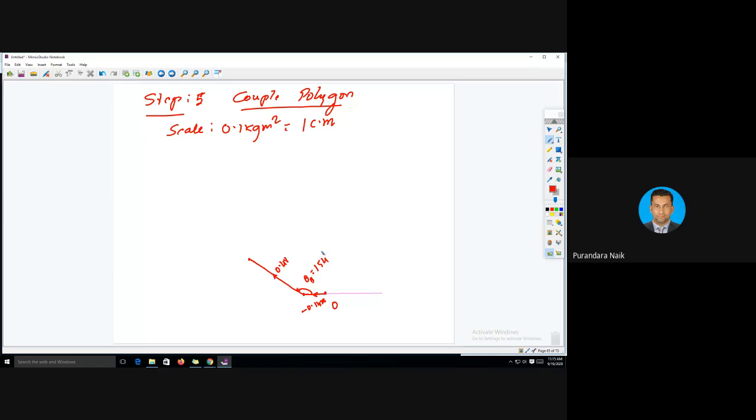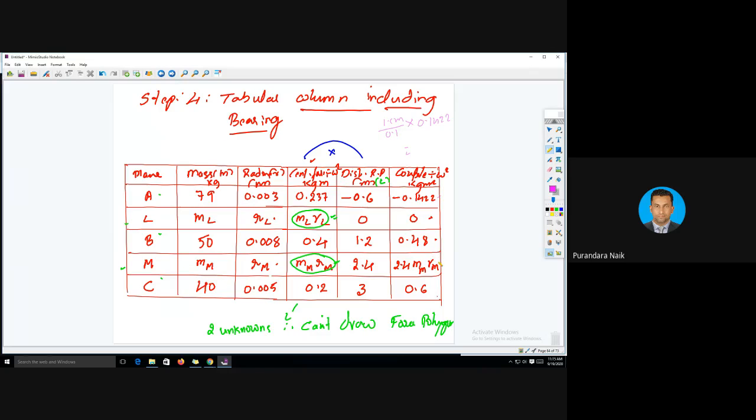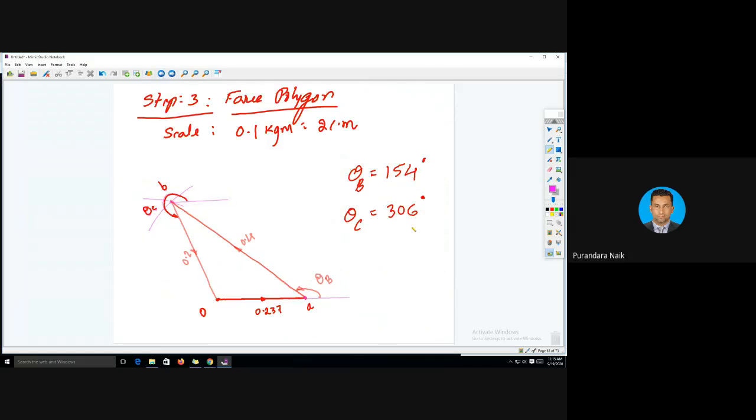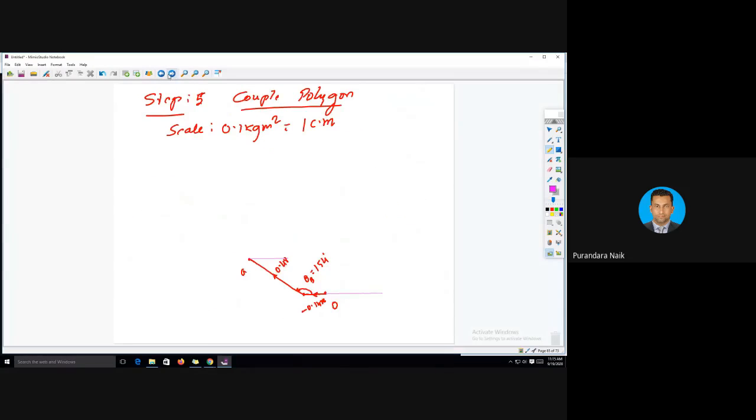Next, once you get the point A, we need to take the reference line, the 0 degree line. Next is unknown, you just forget it. Go to the next step. That is 0.6 into 0.1 divided by 2 centimeter, which gives you 6 centimeter. The angle of C is 306 degrees.